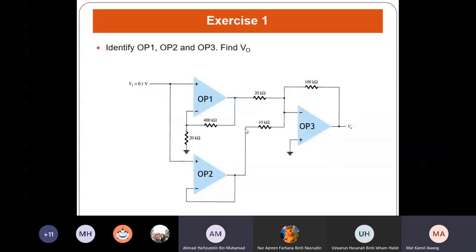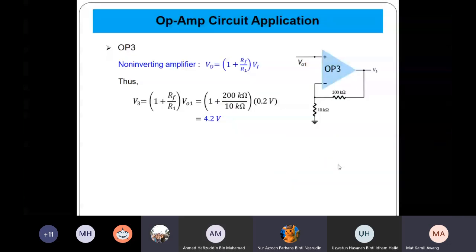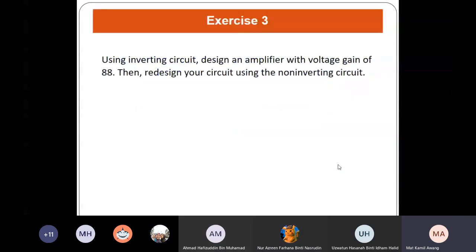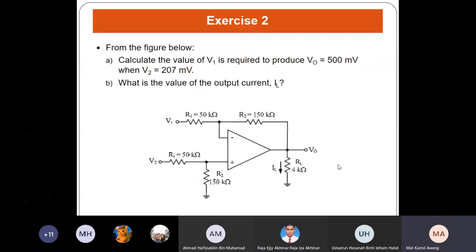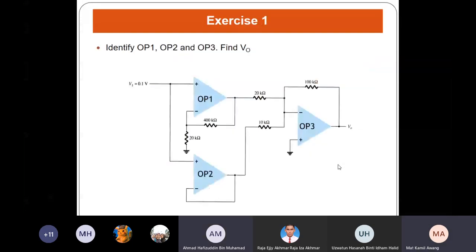I want you to do these 3 exercises and submit on Thursday.